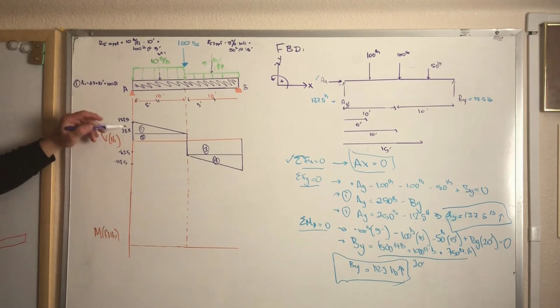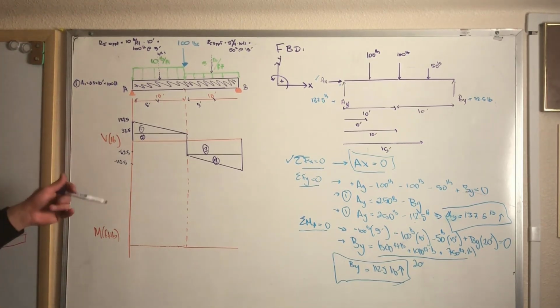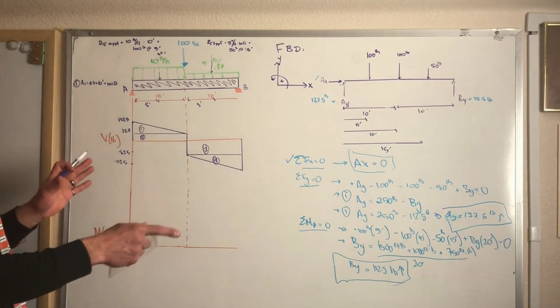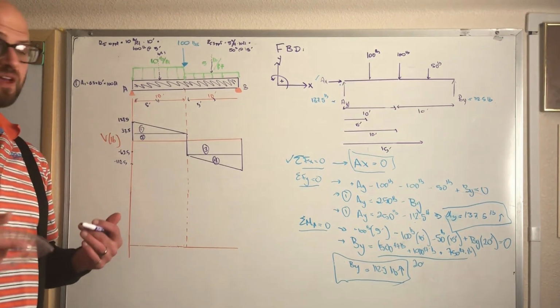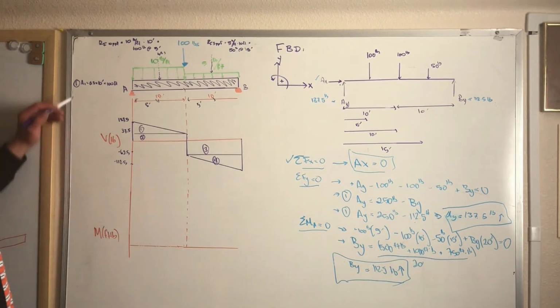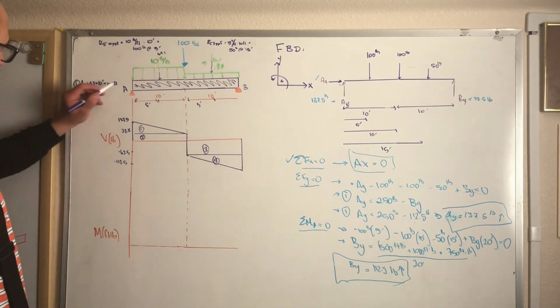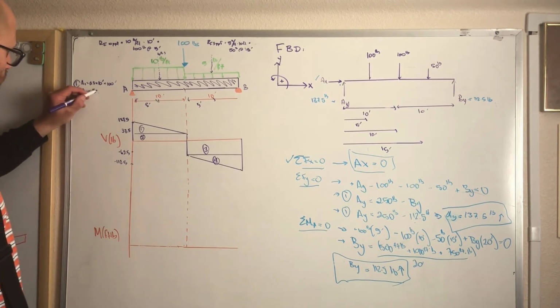The reason I did that is this triangle goes from 137.5 pounds down to 37.5, so the height of that triangle is 100 pounds. The length of that triangle is 10 feet, and because it's a triangle, 1/2 base times height gives us our area. So area 1 equals 500.